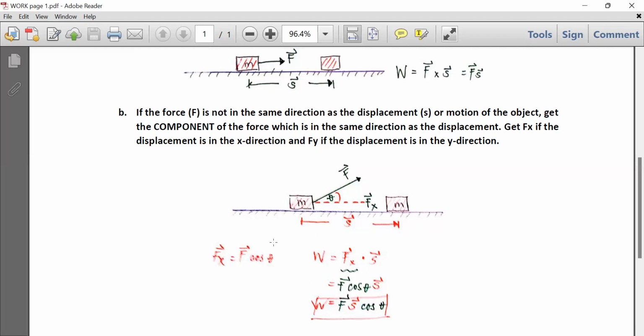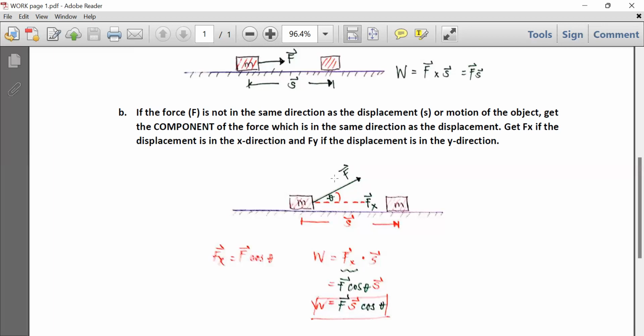For this, you can use the cosine function. Cosine theta is equal to the adjacent side. The side adjacent to theta is the Fx. So adjacent to this angle is the Fx, this side, and then divide that by the hypotenuse, which is the F. This is our hypotenuse, the longest side of the triangle.